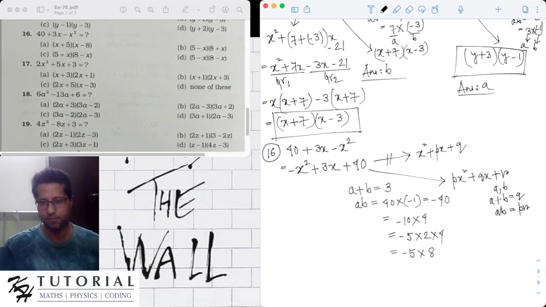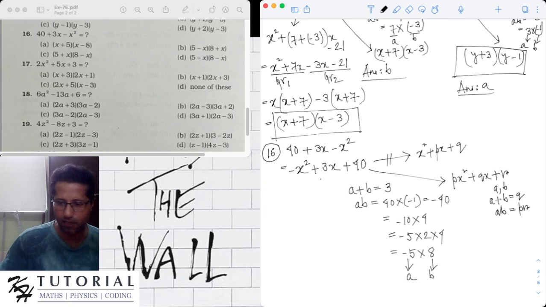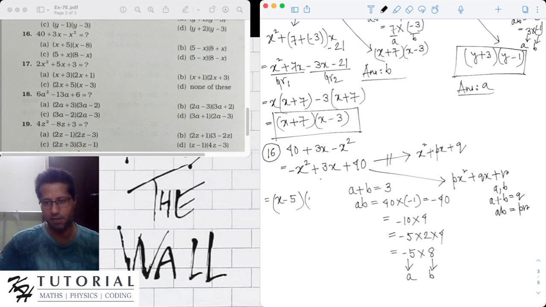So definitely you can consider this as A and this as B, or you can also consider it the other way around, that is A is 8 and B equals minus 5. It will not matter. So directly we can say that the factorization will be x plus A, that is x minus 5, multiplied by x plus B, that is x plus 8.